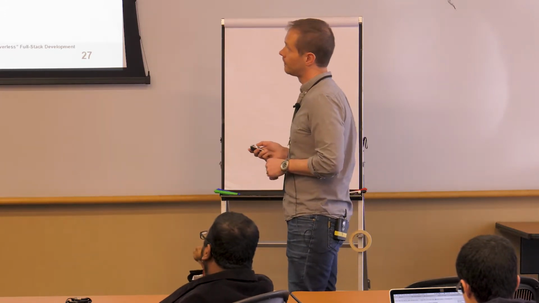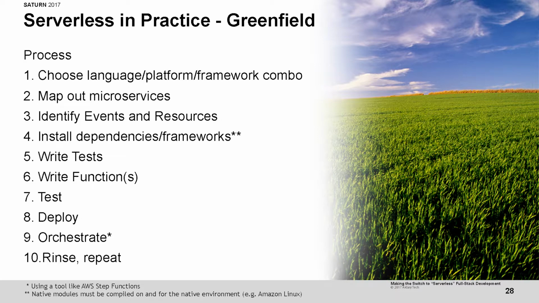IOPipe, I mentioned earlier, as far as monitoring and logging, is a tool that brings together a nice dashboard and gives you a lot of insight into what's going on in your Lambda functions that you might not get out of just CloudWatch by itself. We did cover this next slide. This is a bit more refined version of it.